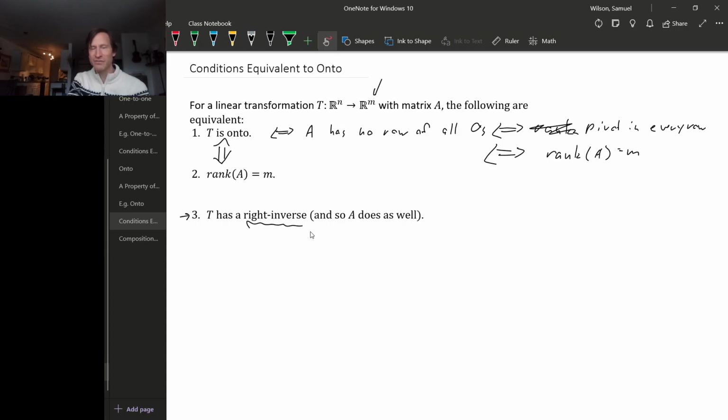So what is a right inverse? Well, a right inverse is a function that when you compose it on the right, you get whatever the appropriate identity function is. In this case, I guess it's going to be the identity on Rm.